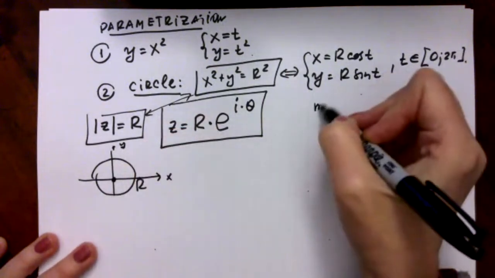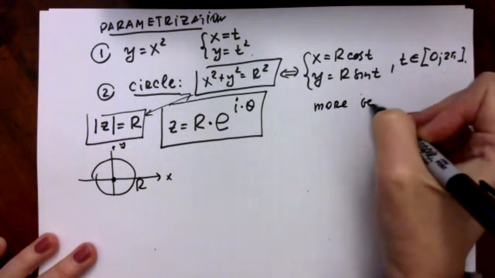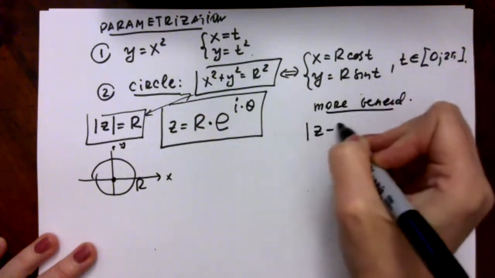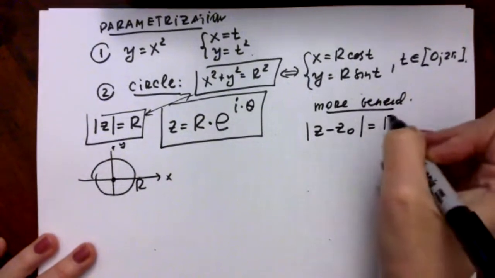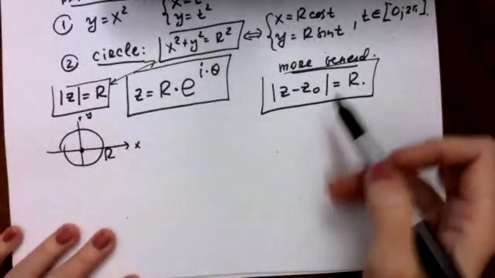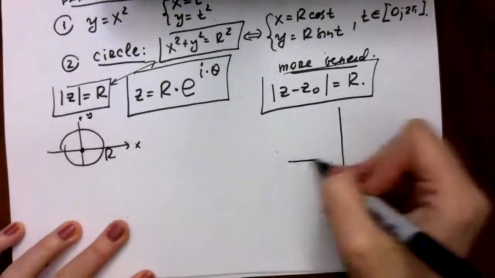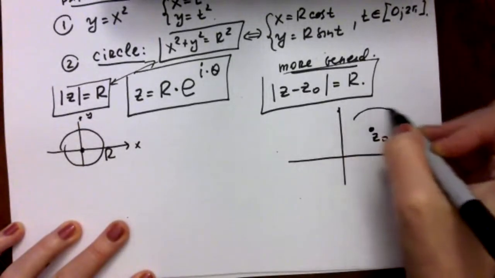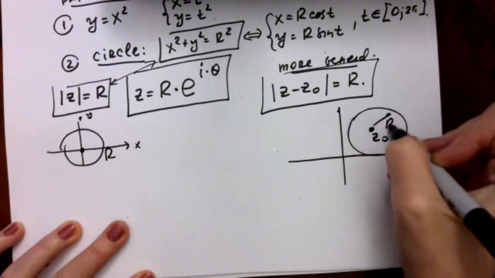This more general circle should be written like this: z minus z0 is equal to r. So in this case, the center of the circle gets shifted. It's not in the origin anymore. It is in some point z0, but the radius is the same. Radius is r.